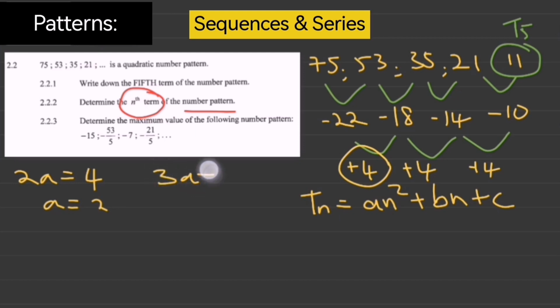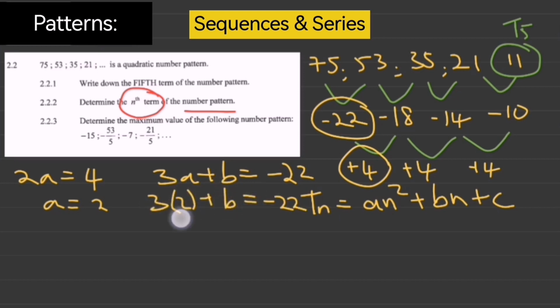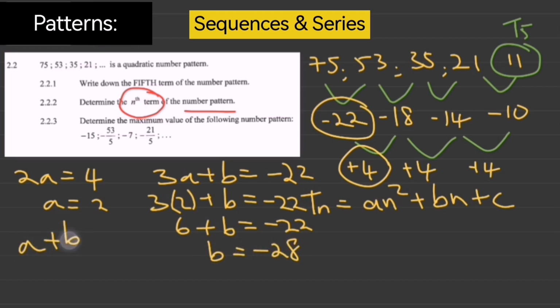Next, we say 3a plus b equal to the first term of the first differences. That's -22. So substitute a with 2 and calculate b. Then to find c, a plus b plus c is equal to the first term of the sequence.